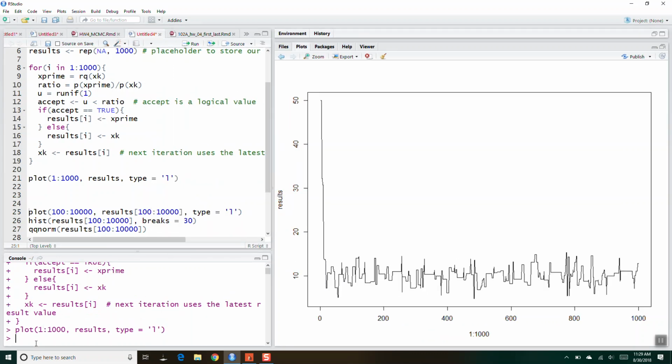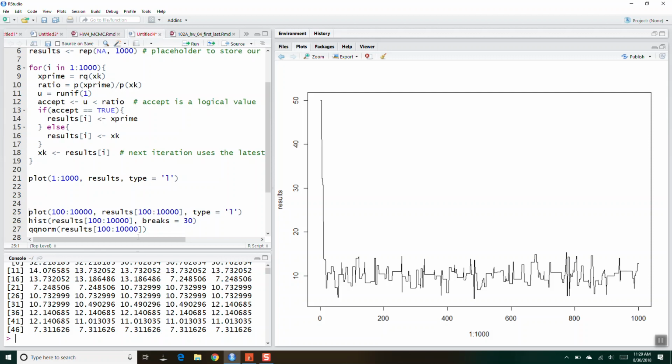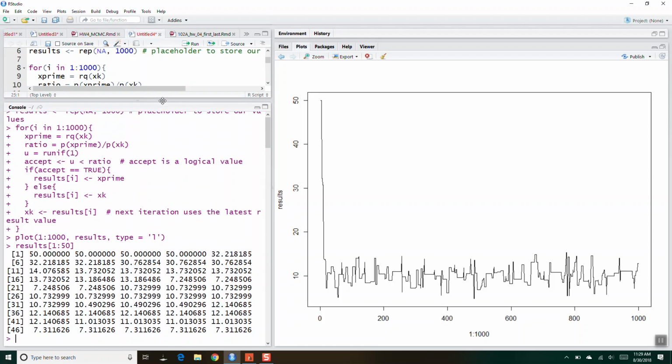Let's just take a look at the first 50 results. Okay, what's going on here? We got 50, 50, 50, 50. Why were we stuck at 50? Well, then we get 32.218, 32.218, 32.218.